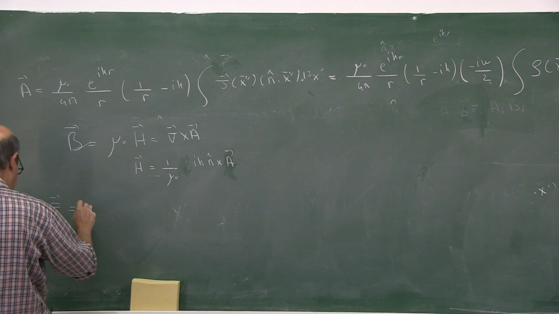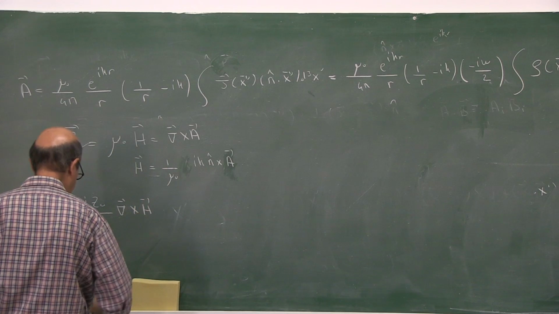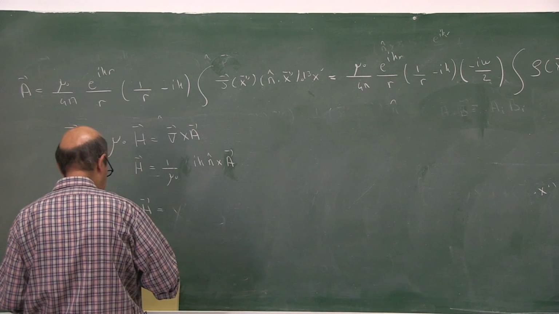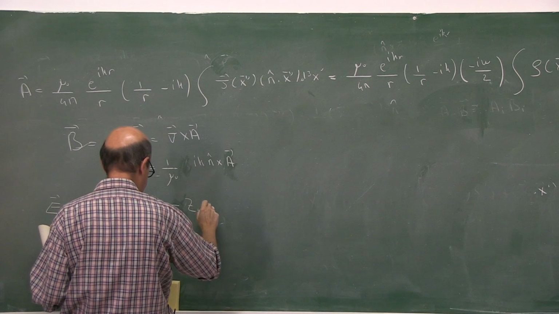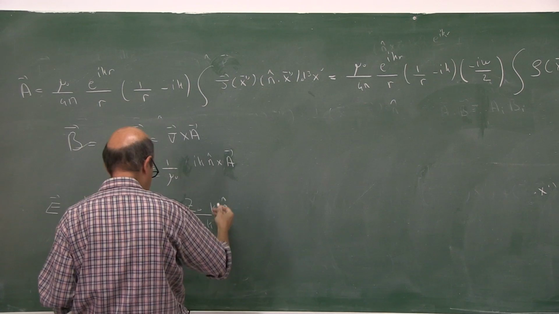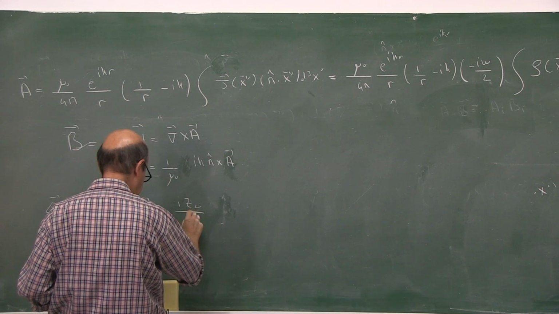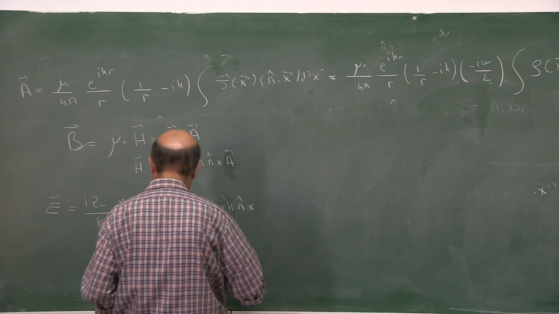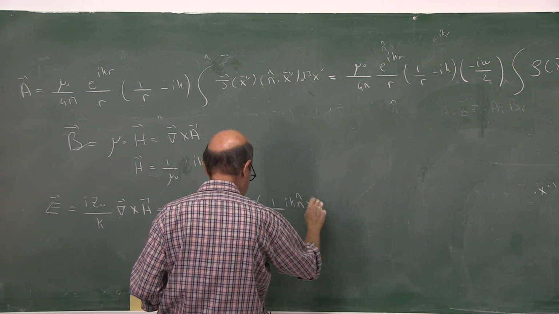The electric field will be i Z0 over k curl of H. So let us write this in a formal way. i Z0 over k, instead of curl, I can write i k n cross, and instead of H, I can write 1 over mu 0 i k n cross A.